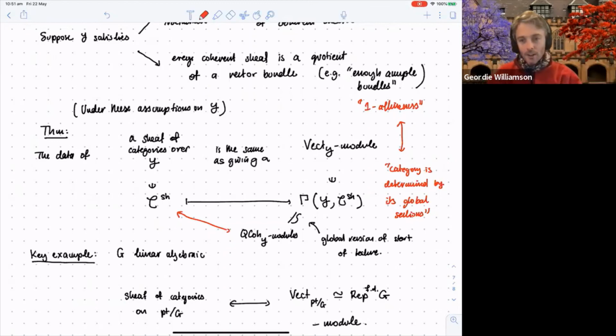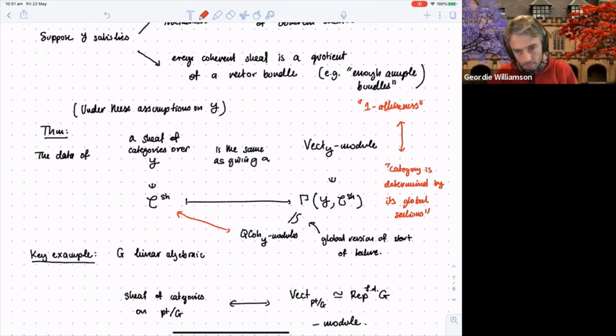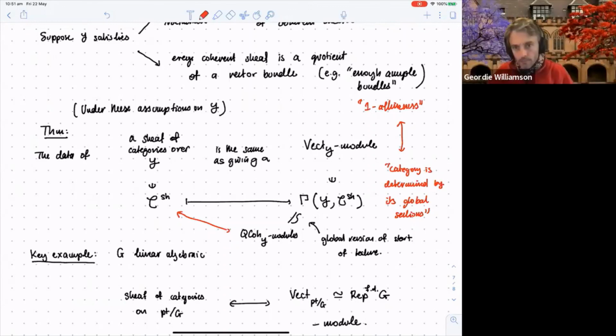Okay, so this is a fantastic point. So at least the test scheme should also be Noetherian or something. Yeah, the test scheme should also be Noetherian. Mm-hmm.